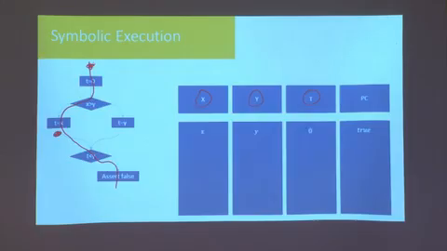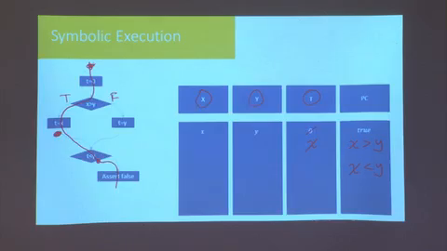Right, so in this case, by the way, this is true and this is false. So it says, OK, x is greater than y. And we are setting t to be equal to x. So then when we get here, we have x is less than y.